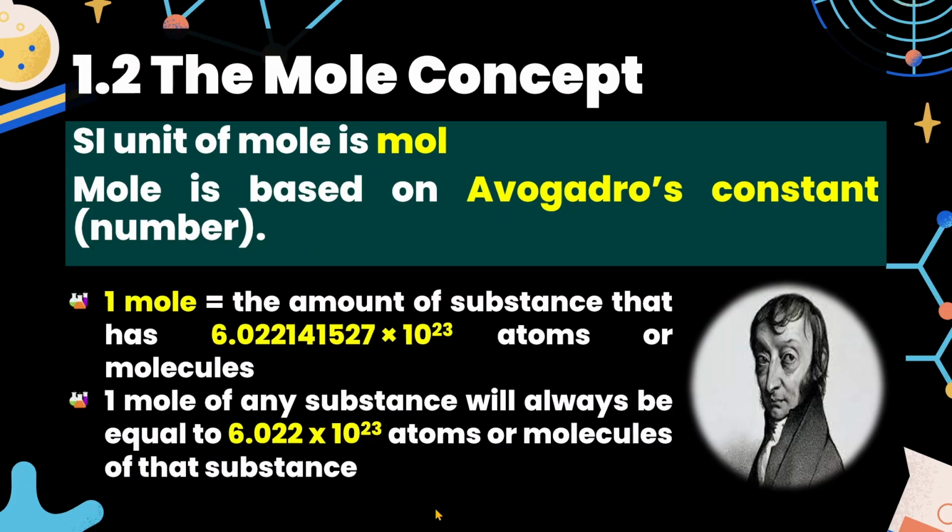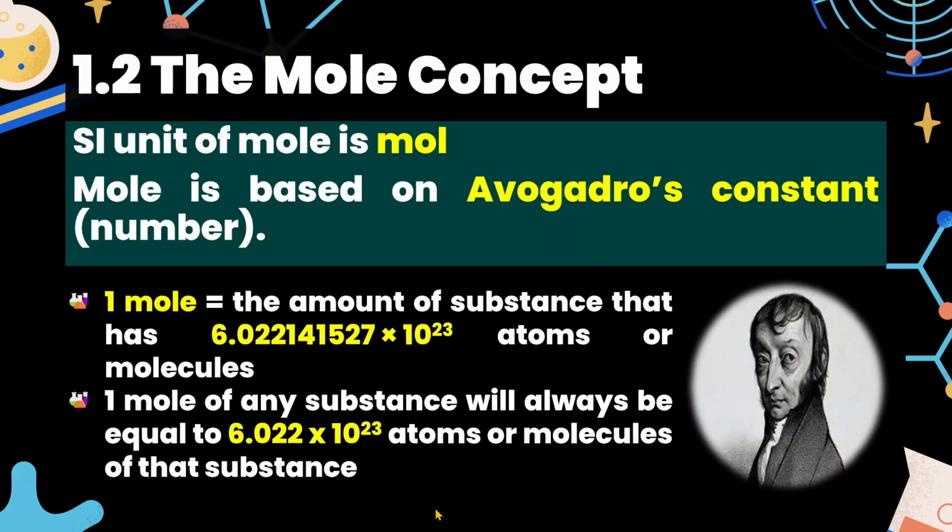So, ang ibig sabihin, 1 mole of any substance will always contain 6.022 times 10^23 atoms or molecules of that substance. Whether it's oxygen, carbon, water, dextrose, whatever it is, pareho lang ang bilang ng particles.